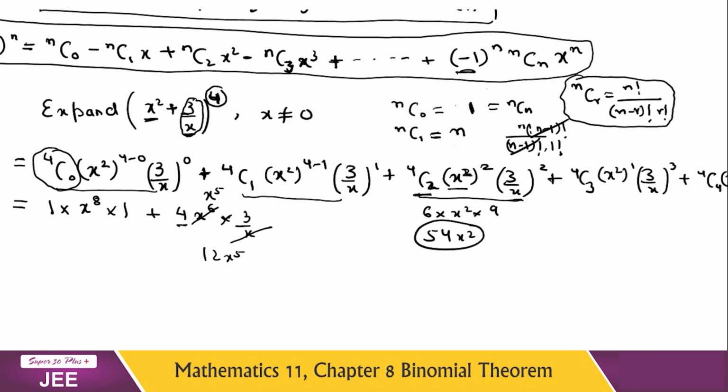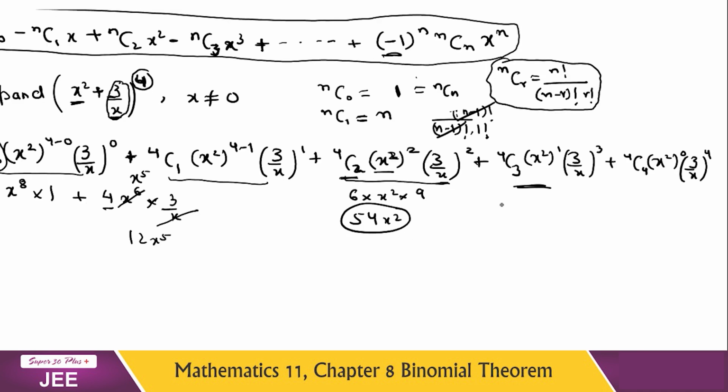4c3 is nothing but 4. Alright, 4c3 is as good as 4c1. x square raised to the power 1 is x square. 3 cube is 27 divided by x cube. So this becomes 27 into 4 divided by x. Alright, this is 108 divided by x.